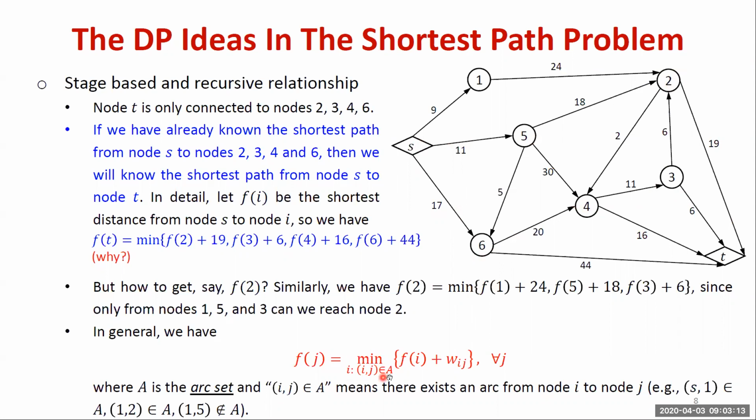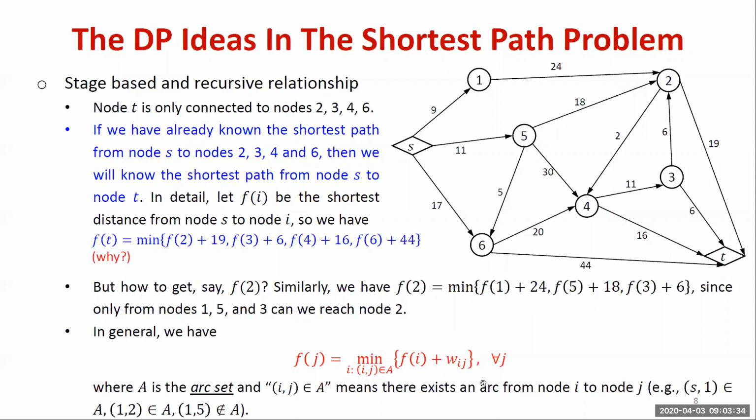Here, ij is in A means, give me 1 second. Okay, so here we are going to calculate f_t, right? This is j equals t. So ij in A means I can go from node i to node t, and this j, or t, is fixed, but this i is the incoming nodes.